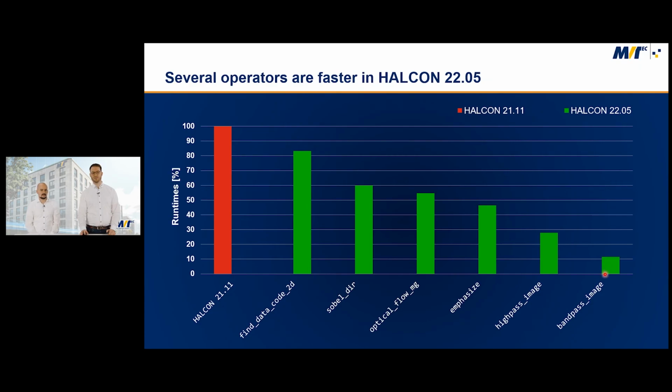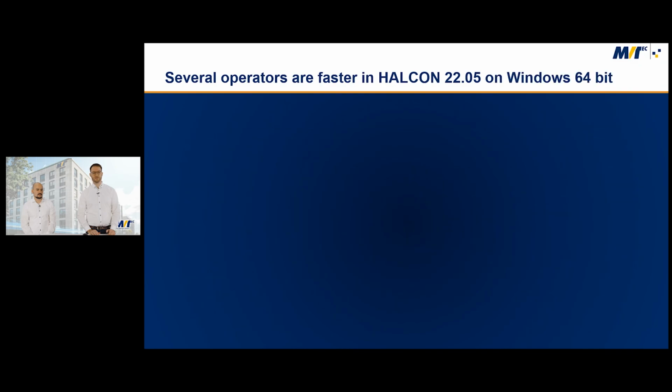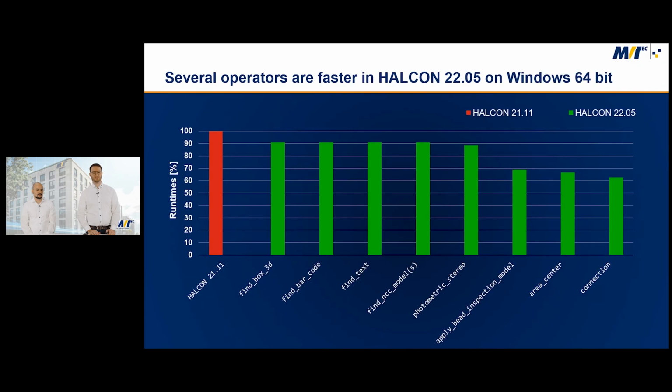Up until it just needs 10% of the runtime for bandpass image, or high pass image is also much, much faster. And there's another set of operators which have also been made faster on Windows 64-bit that you can see here. You can also see this in much more detail in the presentation that we will send to you, of course.